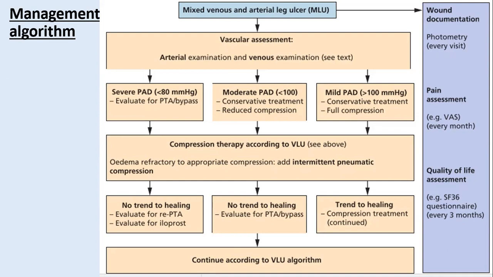If the edema is refractory to appropriate compression, add intermittent pneumatic compression. If ulcers tend to heal, then compression treatment is continued. If it is not healing, then evaluate again for PTA or bypass, and with no trend to healing, then again evaluate for re-PTA and also evaluate for iloprost infusion.